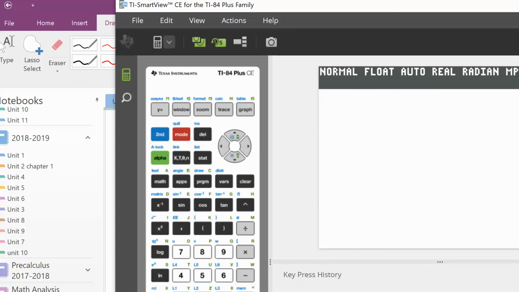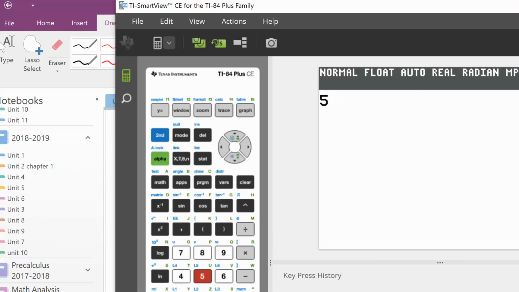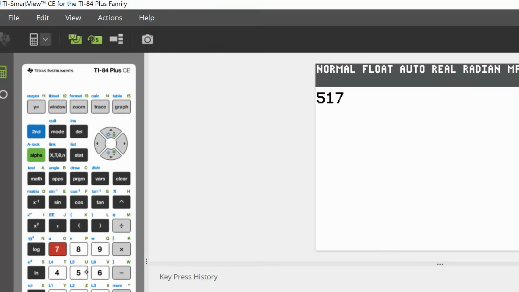You go 517,500 divided by, and then for present value, you only need 2 parentheses in the beginning, 1 minus, 1 plus 0.0535 divided by 12, raised to the negative 12 times 30 power, parenthesis. I need a parenthesis there.